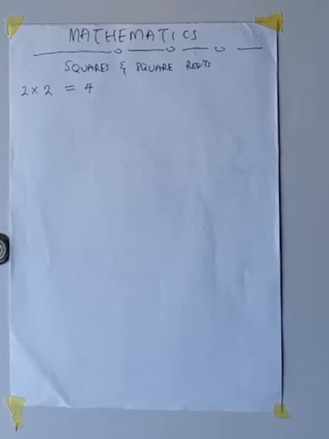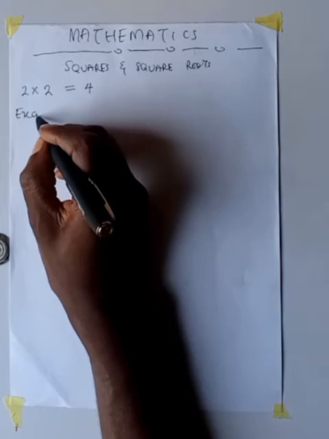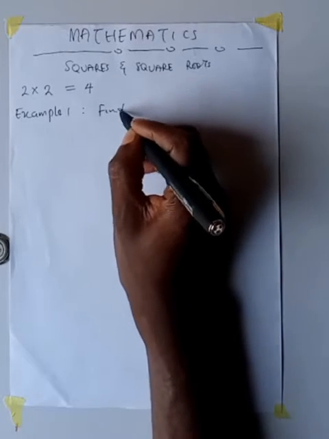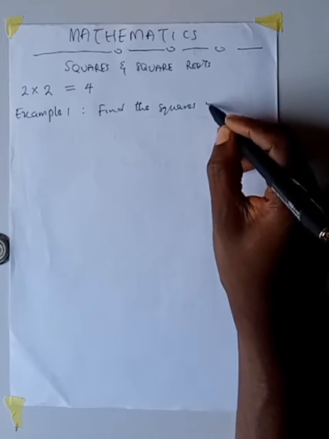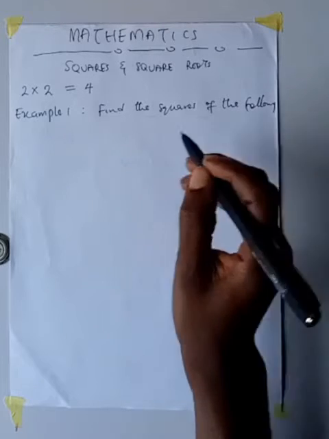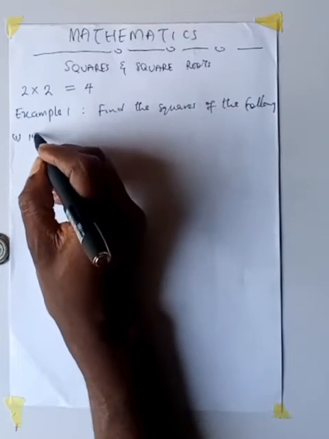Now we are going to look at some examples. Example 1: find the squares of the following. Number 1, I have 14.